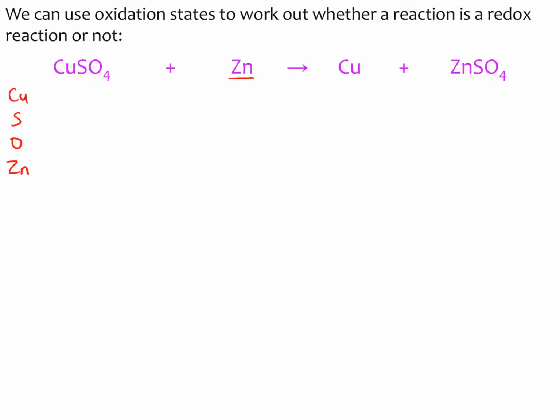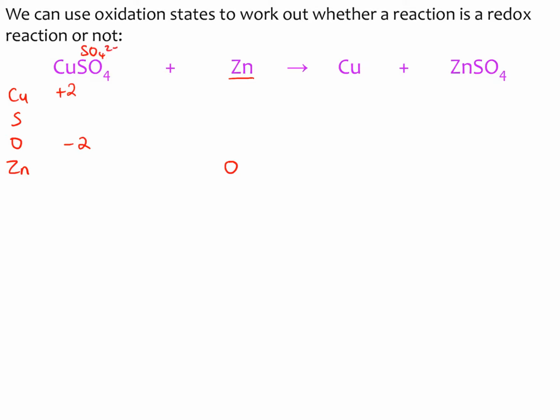Now, zinc is an element, which means that its oxidation state is 0 at the beginning of the reaction. Oxygen is not joined to F and is not part of a peroxide, so oxygen will be -2. Copper has to be +2.